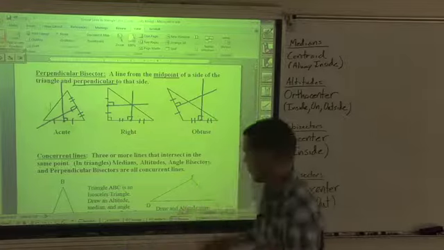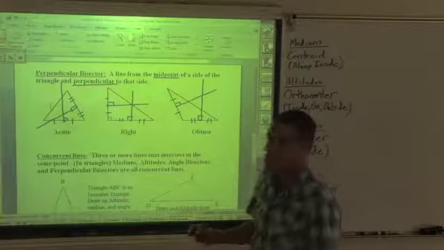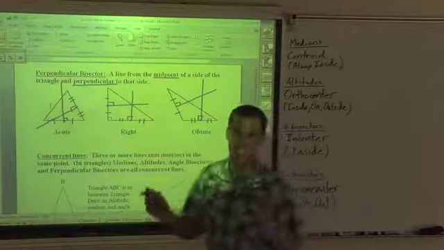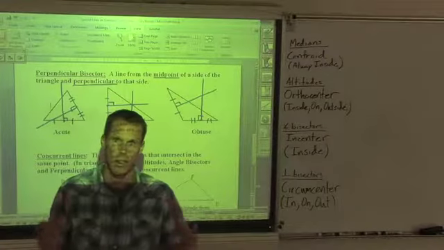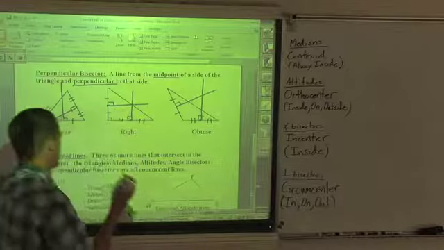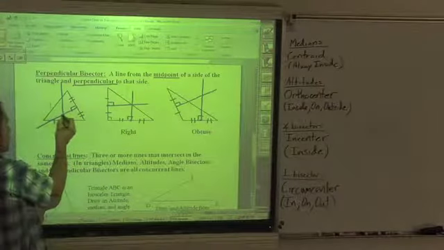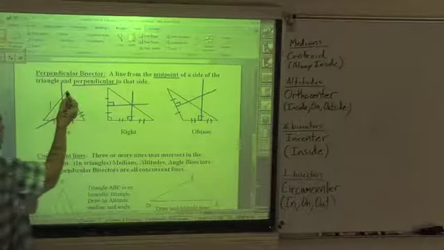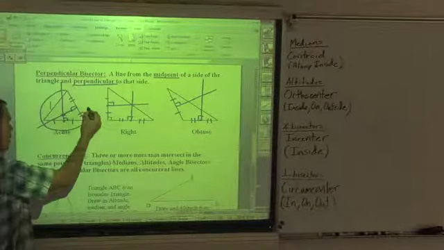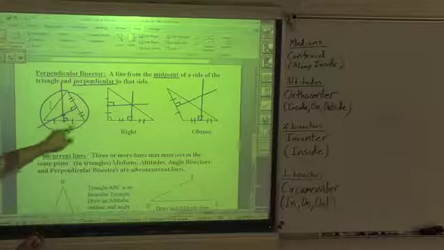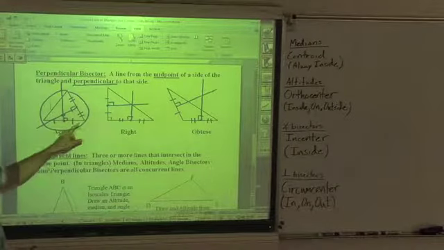Now, just a brief little information about that point. That point represents the center of a circle, the smallest circle that can fit around the triangle. So for example, this point here as our circumcenter would represent the circle that would hit all three of the points on the triangle.